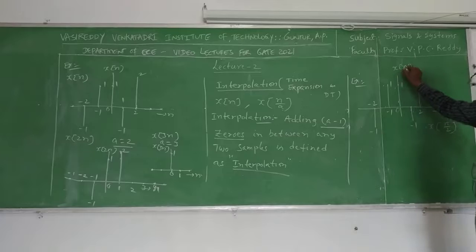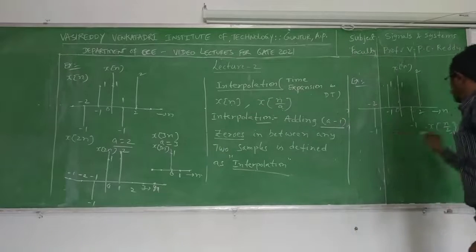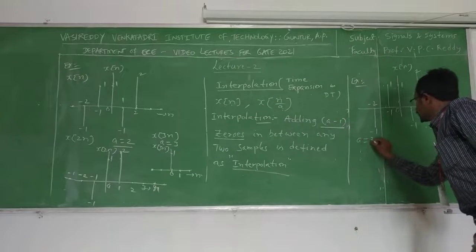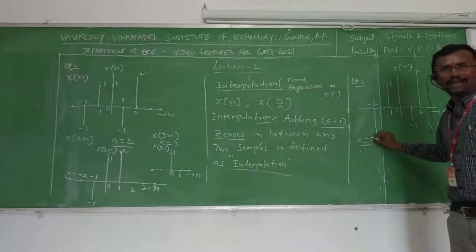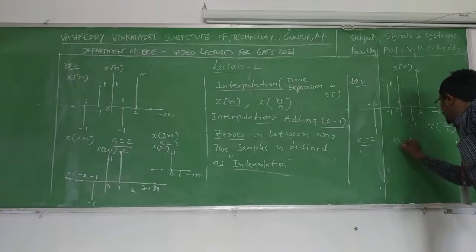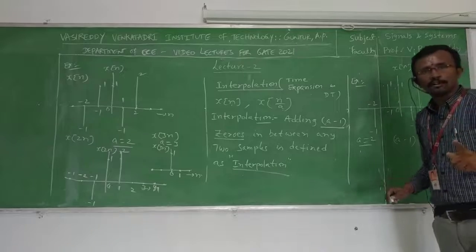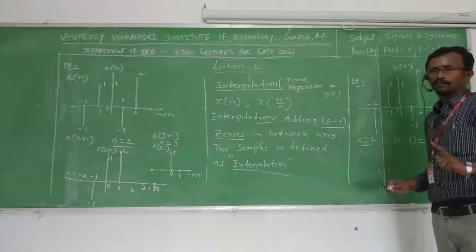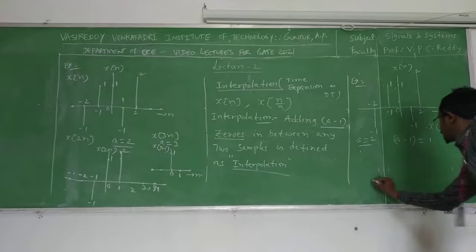What is the value of a here? a is equal to 2. By looking at the definition, how many zeros do we have? a minus 1. Since a is equal to 2, a minus 1 is equal to 1, which means we have to add 1 zero in between any two samples. Now we will see how to add that 1 zero.